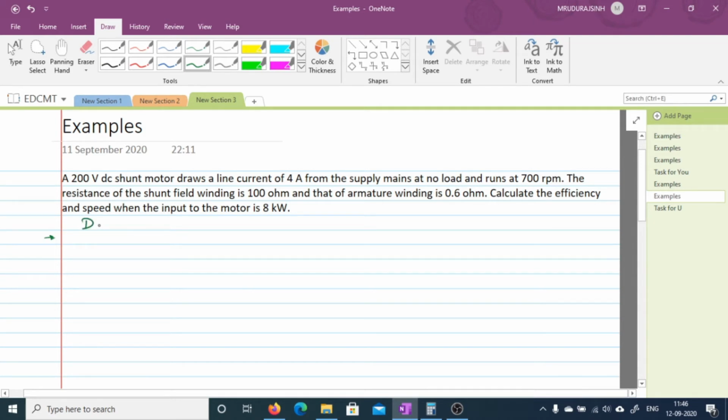First of all, write the given data. A 200 volt DC shunt motor, so supply voltage is 200 volt, draws a line current of 4 ampere.